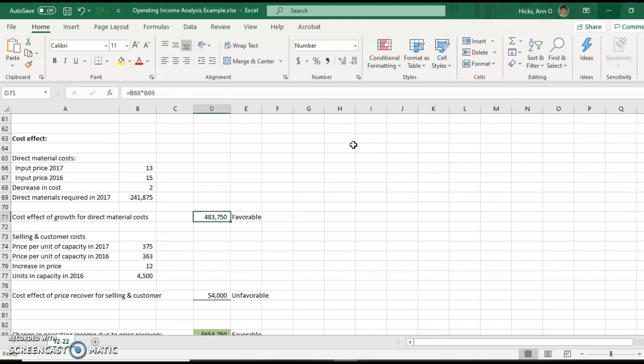At a $2 decrease, that is actually a favorable effect of $483,750. So in other words, if we were needing the direct materials that in 2017 at 2016 usage, we would actually have a decrease in cost of $483,000 and change.